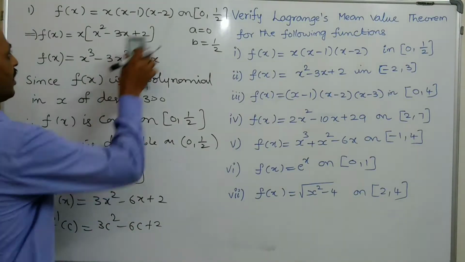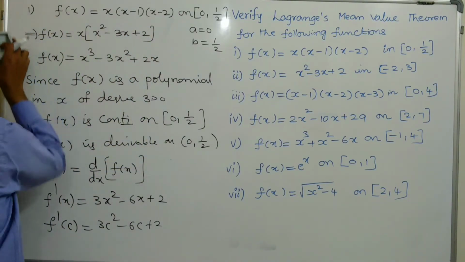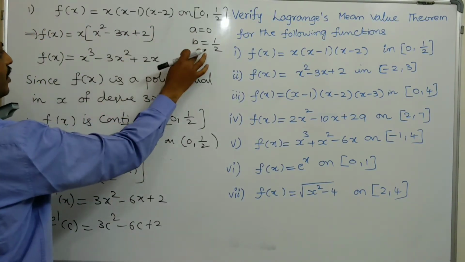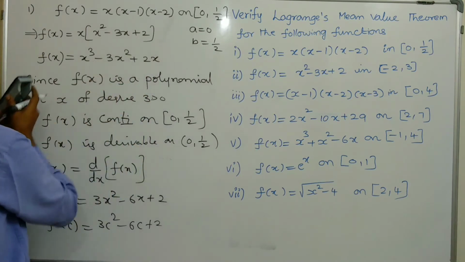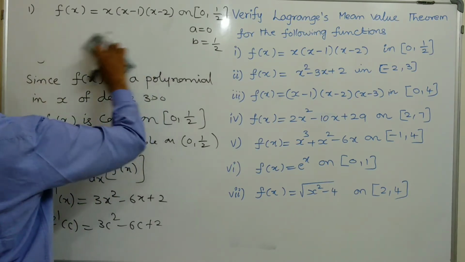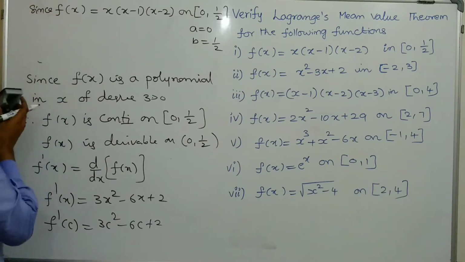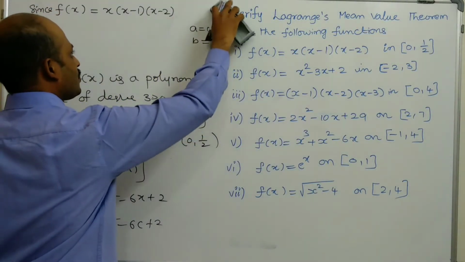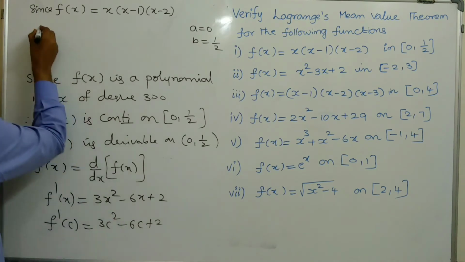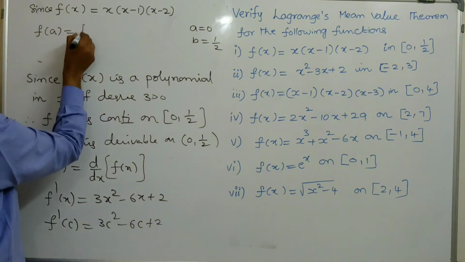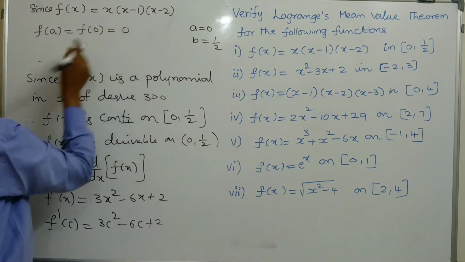And by Lagrange's theorem, you have to find f of a and f of b both. So write, since f of x is equals to x into x minus 1 into x minus 2. What is f of a? F of a is equals to f of 0, very clearly 0.